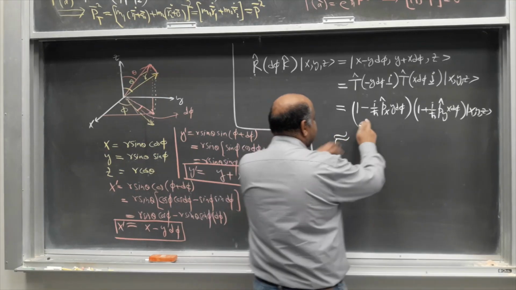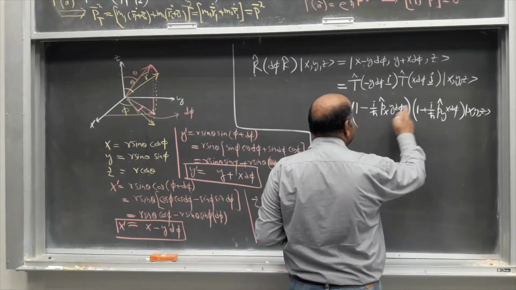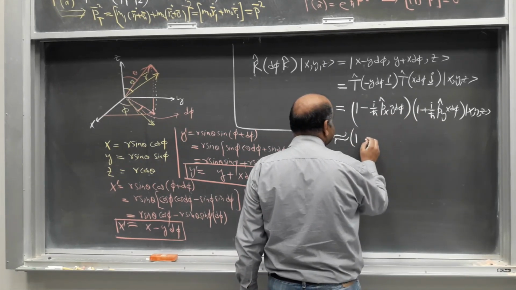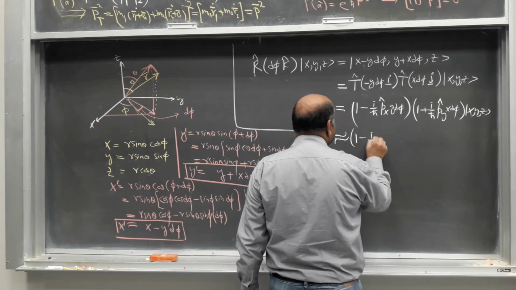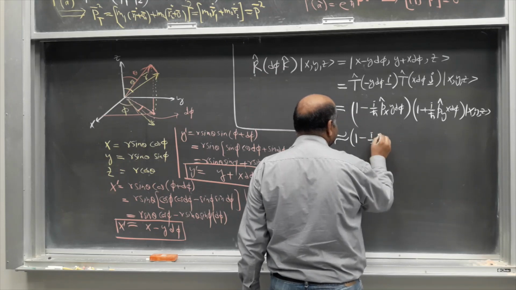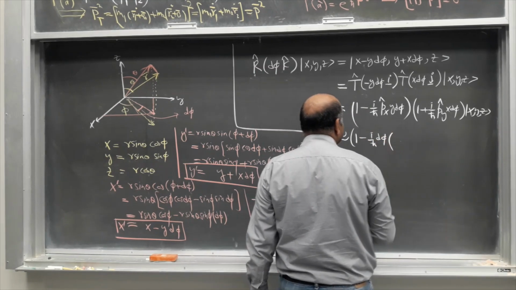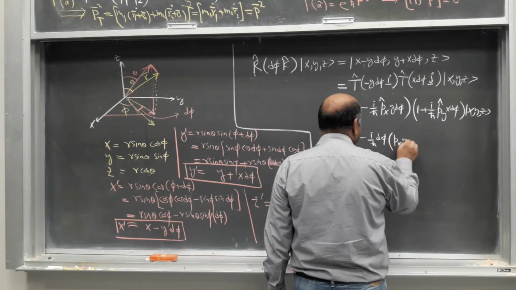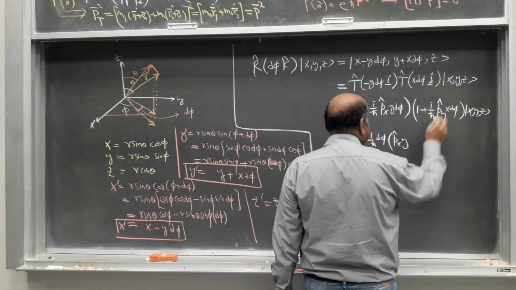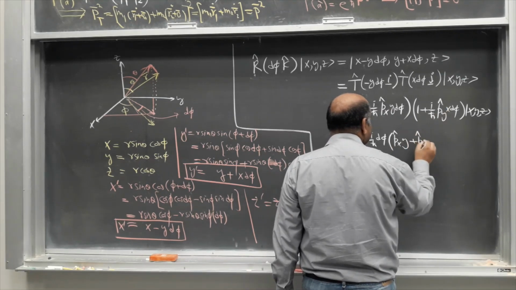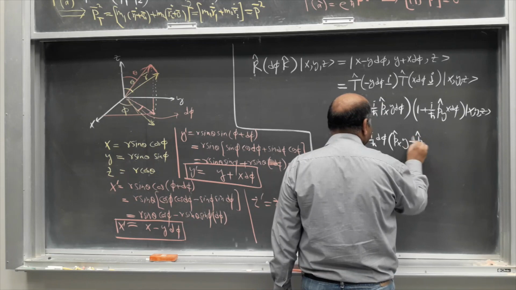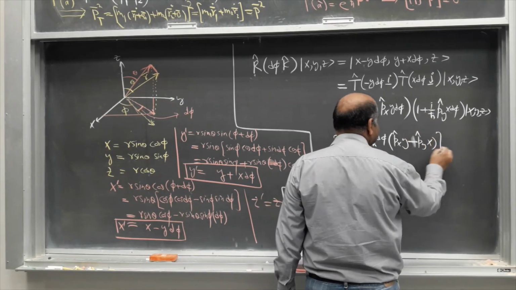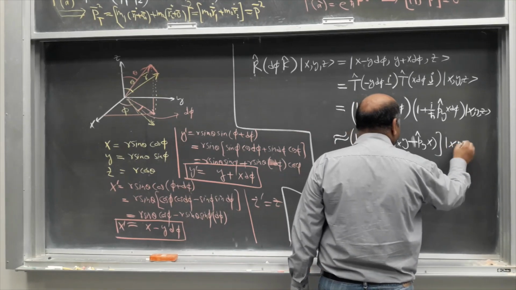If I multiply them and neglect the d phi square term, we will get 1 minus i over h bar, with d phi common, times p x y minus p y x. I took the minus sign common, so it is p y x minus p x y, acting on x, y, z.